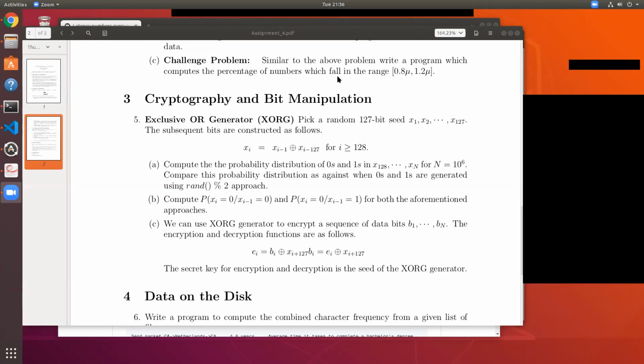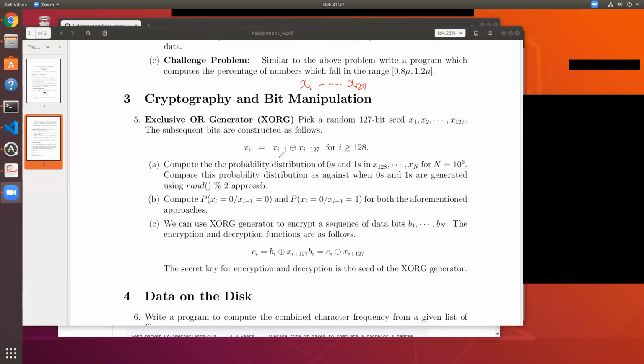So you start with a sequence, you start with a seed. Look at this one. You start with a seed, and from this seed you somehow generate x1 to x127, and x128 is x1 exclusive ORed with x127.